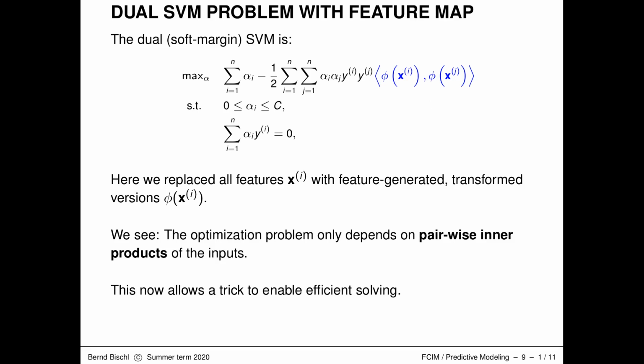And as we will see, for the SVM we can even operate with feature mappings of infinite dimensionality if we use the kernel trick, which does exactly this mapping for us implicitly.